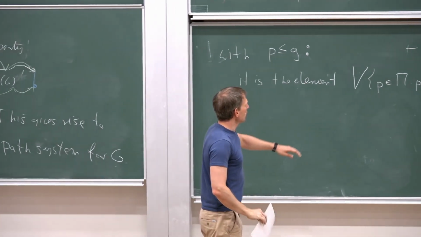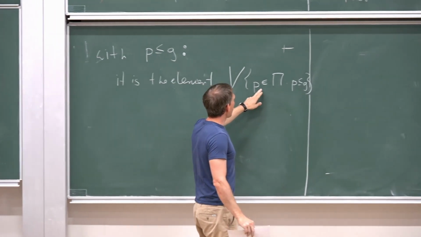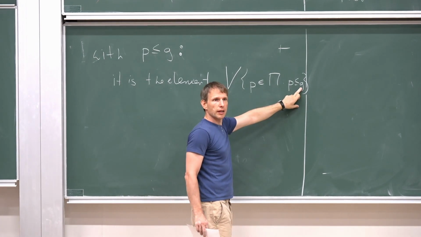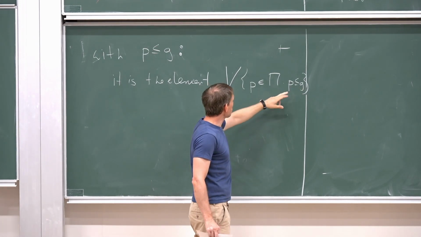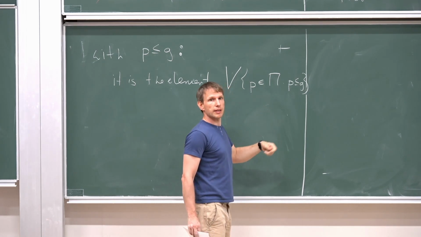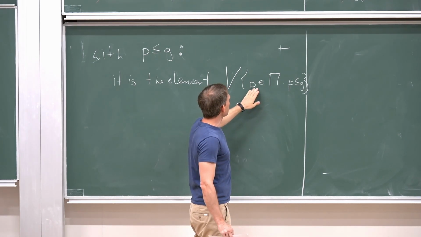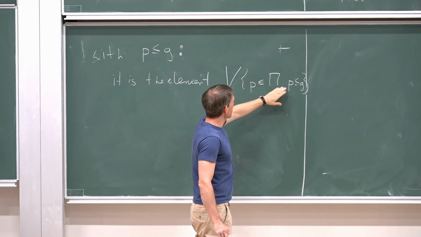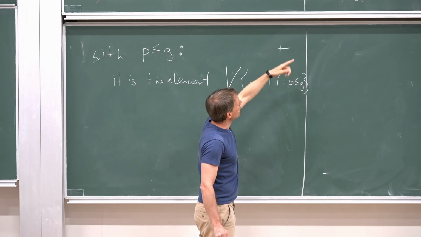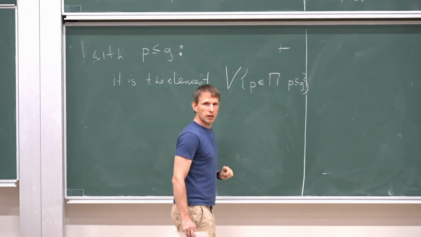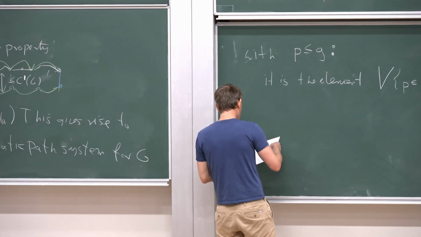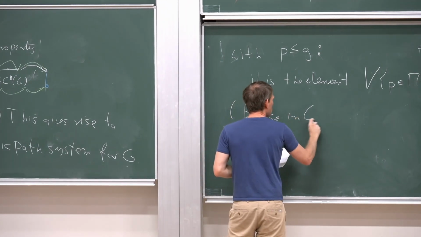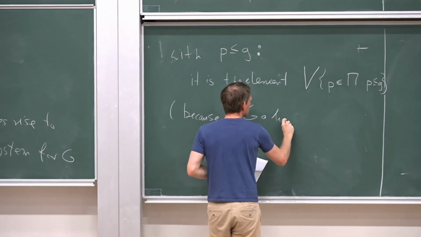You see, if you take two elements in the shadow smaller than G, this means that they are bounded. And there is a property in Coxeter groups that if a pair of elements is bounded, then it has a join. And the same is true for finite collections. So if we take a finite set of elements smaller than G, then they will have a join, and by axiom 3, this join will also lie in the shadow.